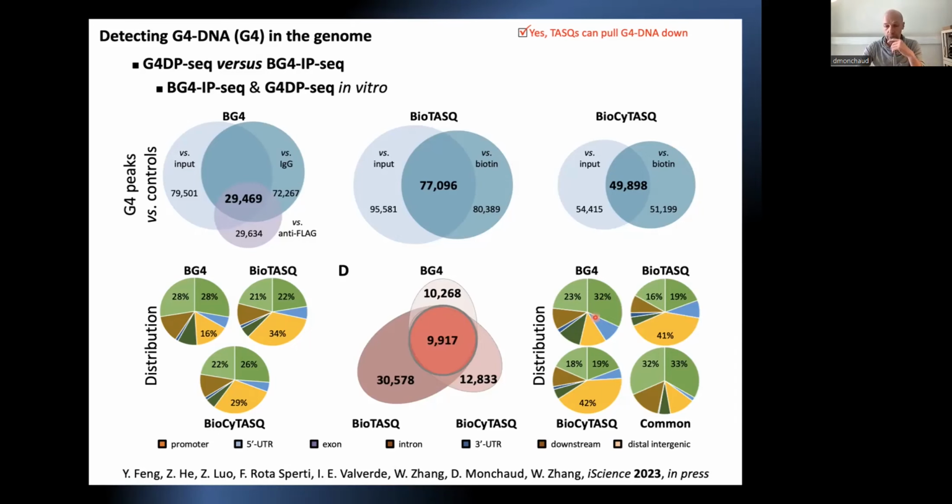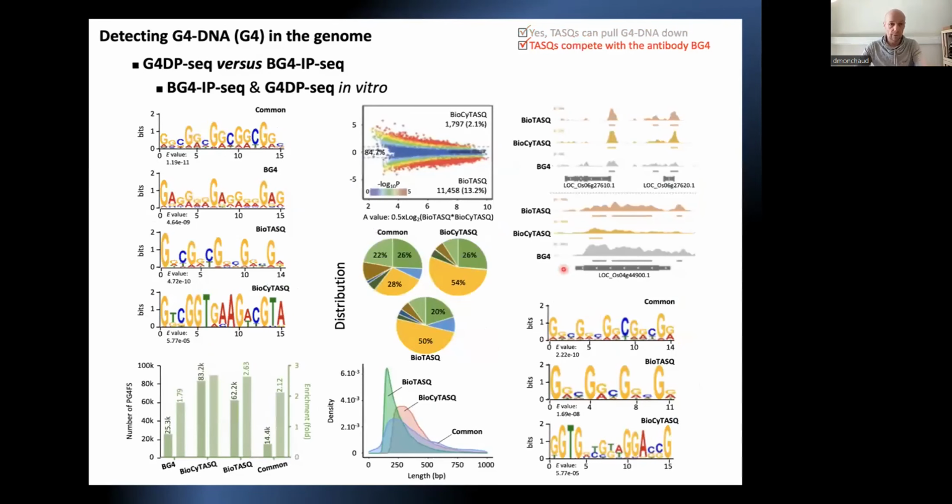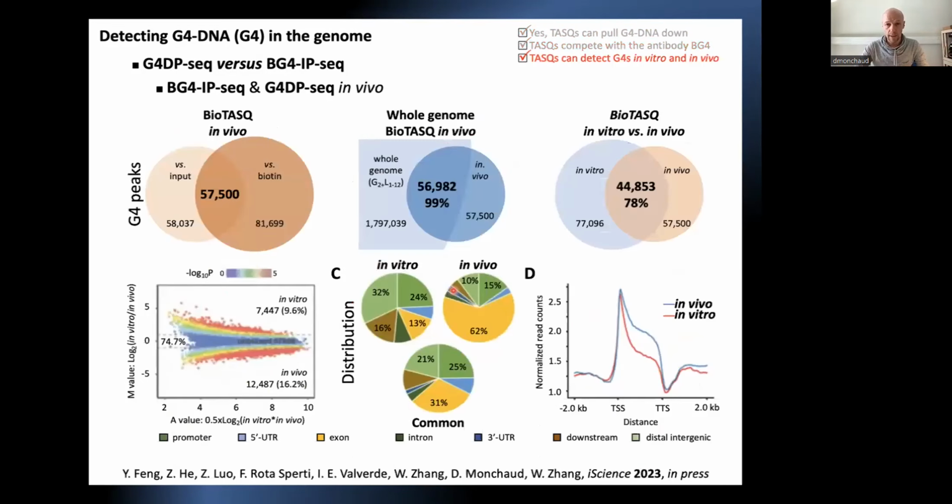And if we look at the fine, subtle differences between the two molecular tools, we observe that BG4 is able to enrich more of the 3/4 G4 and the TASQ more of the 2/4 G4, but this is roughly the only difference. Of course, these sequences are guanine rich. So I won't go into too much detail here, but you can trust me, these molecules are able to isolate G4 DNA as well.